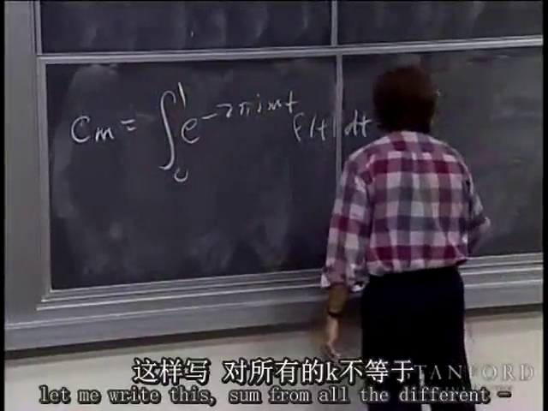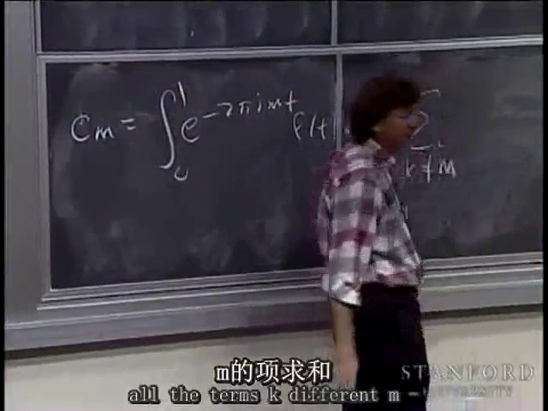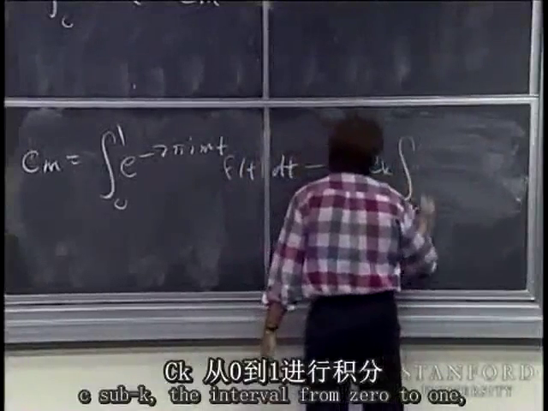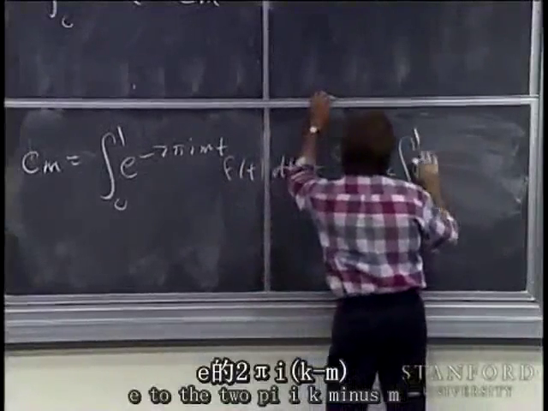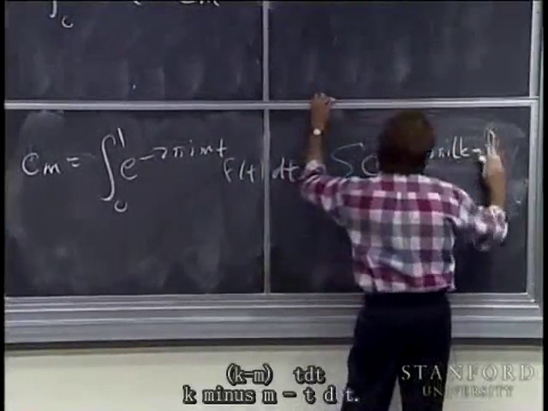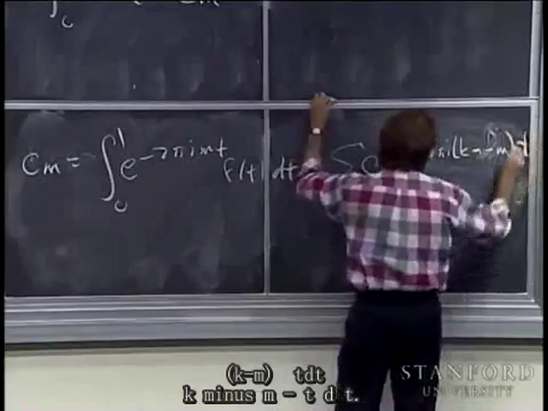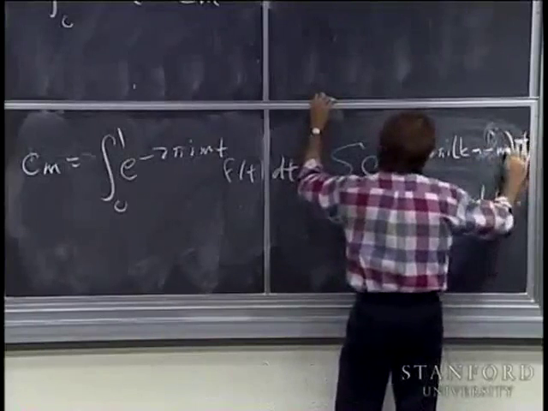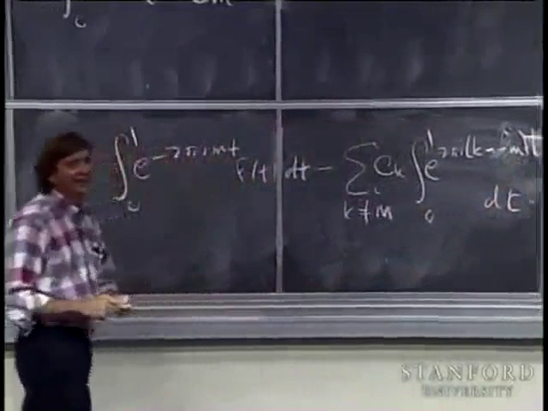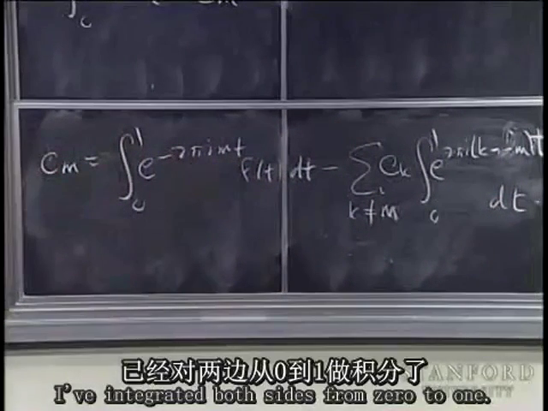Let me write this: the sum over k, all the terms k different from m, and the constant comes out, C sub k, the integral from 0 to 1 of e to the 2 pi i (k minus m) t dt. That's a t there. I've integrated both sides from 0 to 1.